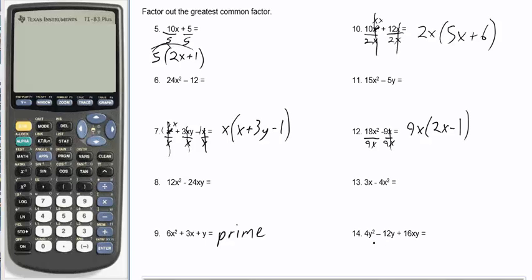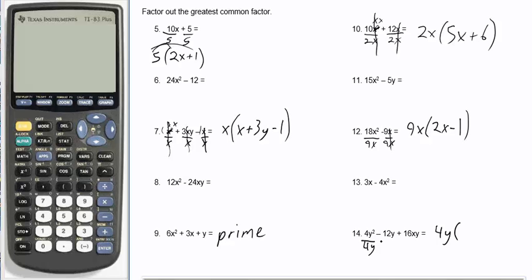All right, so I'll do one more. So this one, because it's y's instead of x's, but it's not difficult other than that. So what can go into 4, 12, and 16? Well, can 4 go into it? Yep. Is there a y in all of these? Yeah. Is there an x in all of them? No. So I'm going to divide them all by 4y.